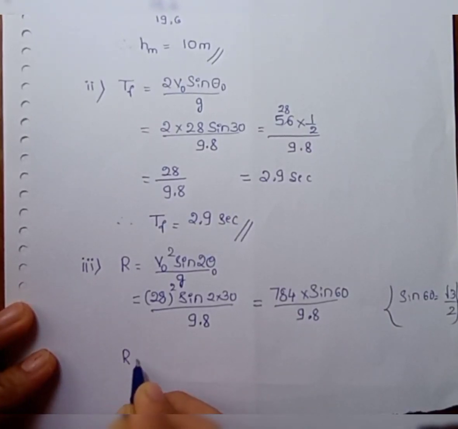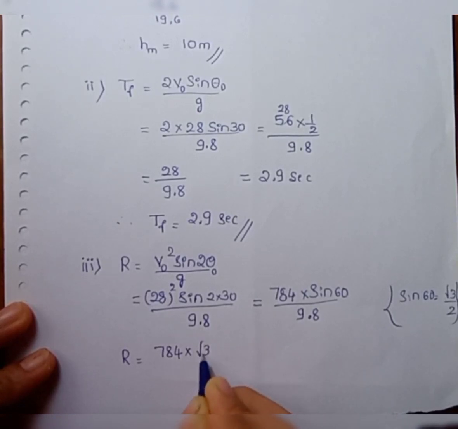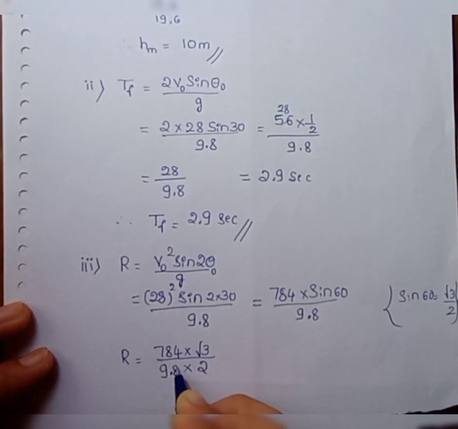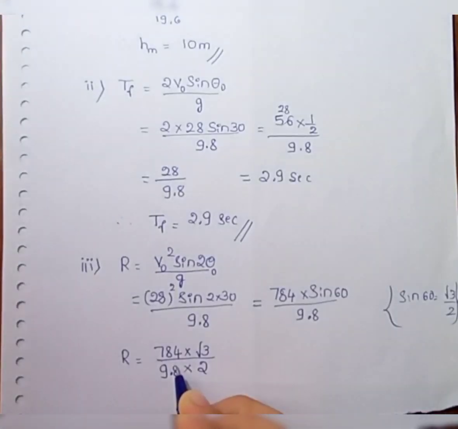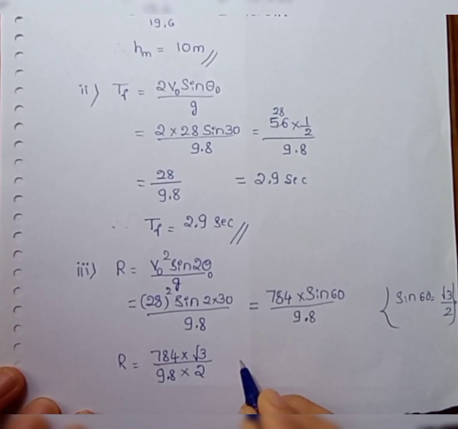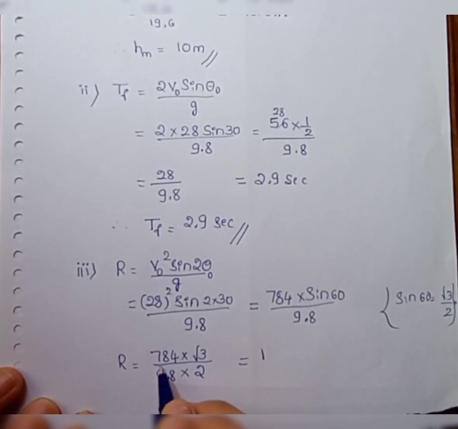Therefore range R is equal to 784 into root 3 divided by 2 into 9.8, which is equal to 784 into root 3 is 1.73.